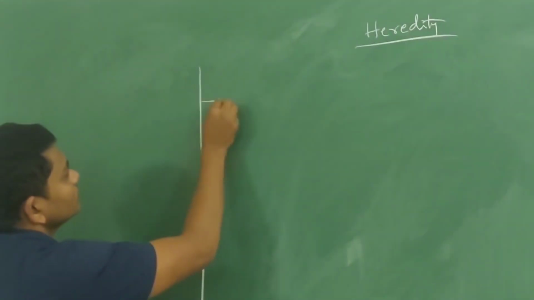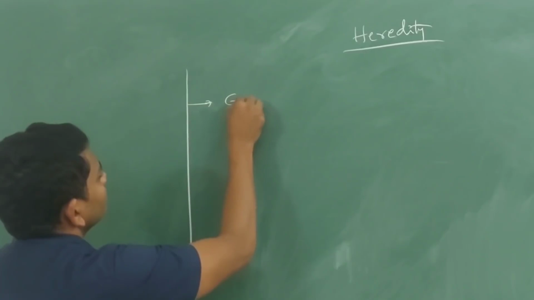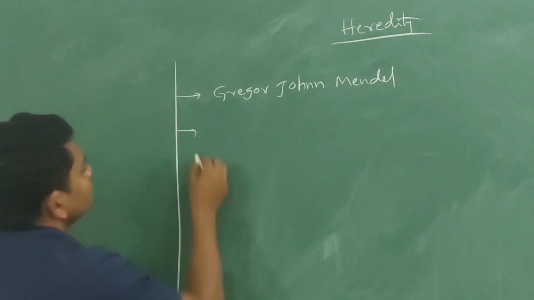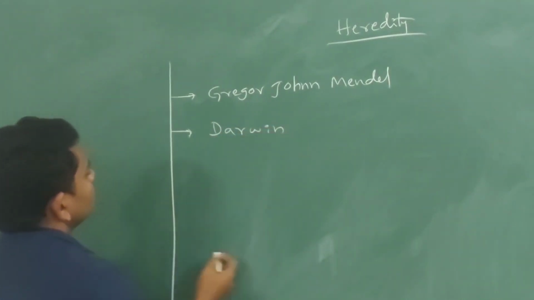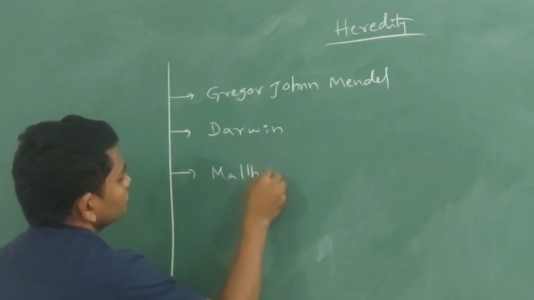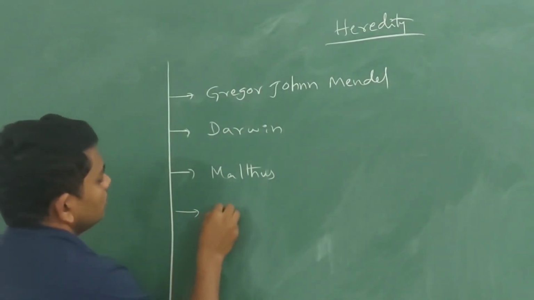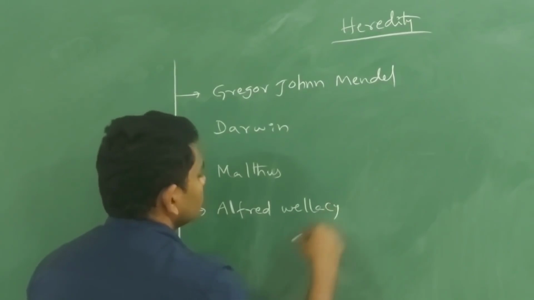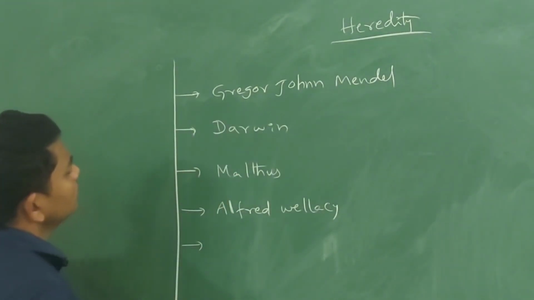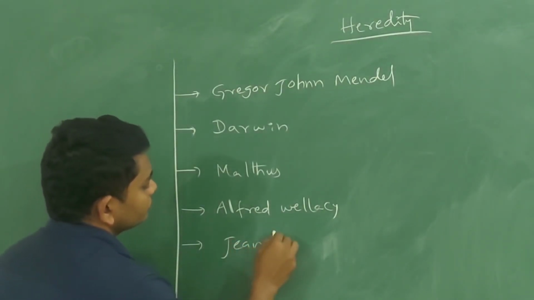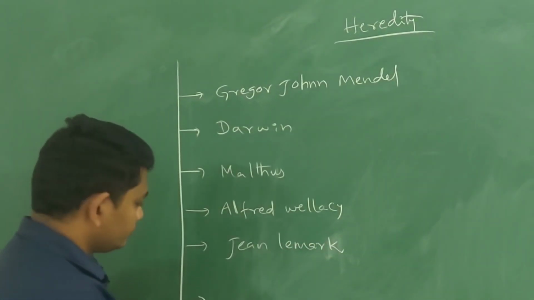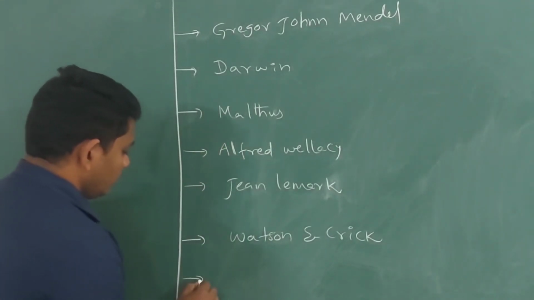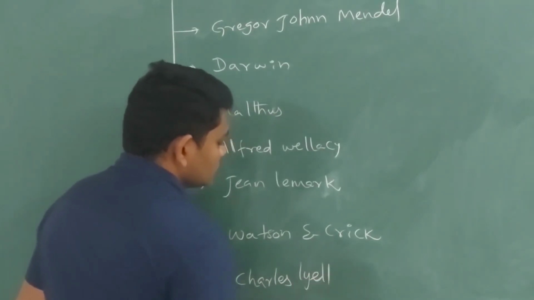First one, Mendel, Gregor John Mendel. Then Darwin, Malthus, Alfred Wallace, Jean Lamarck, Watson Crick and Charles Lyell.